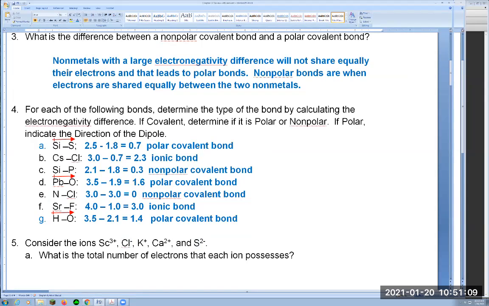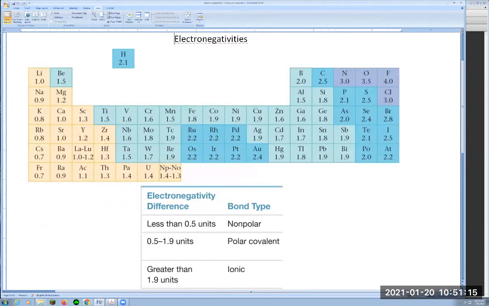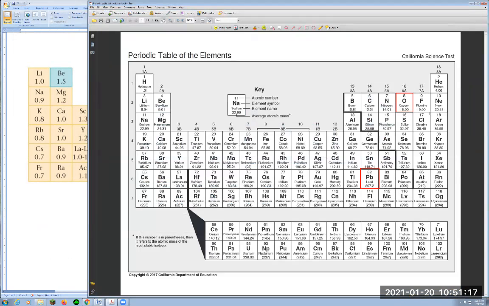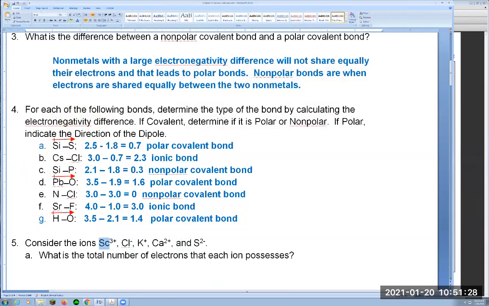So let's look at scandium. To know the number of electrons, we need to know the atomic number, and we need the periodic table. Scandium has atomic number 21. But it's a 3+ ion, which means you have 3 protons in excess.